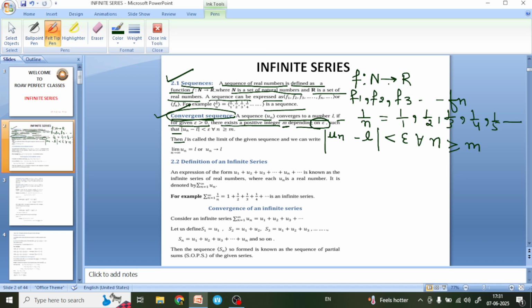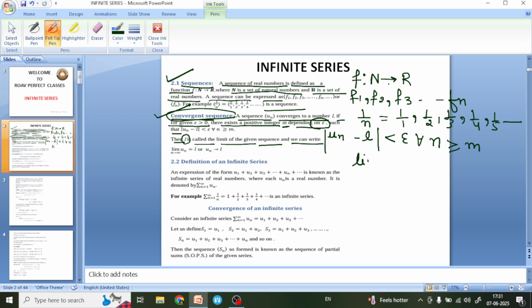Then L is called the limit of the given sequence. How to write the limit?